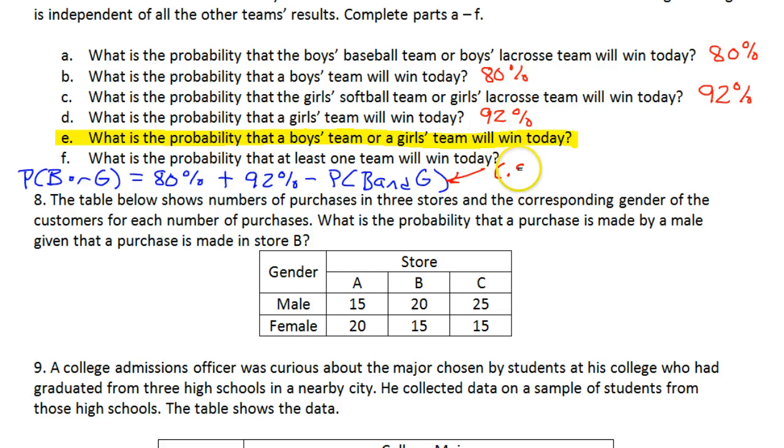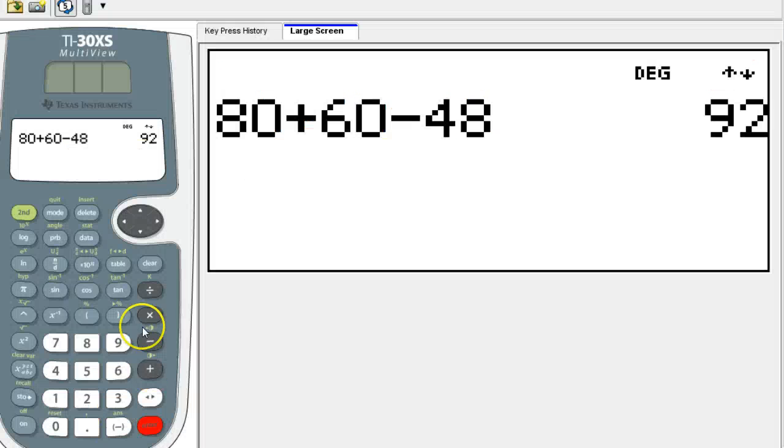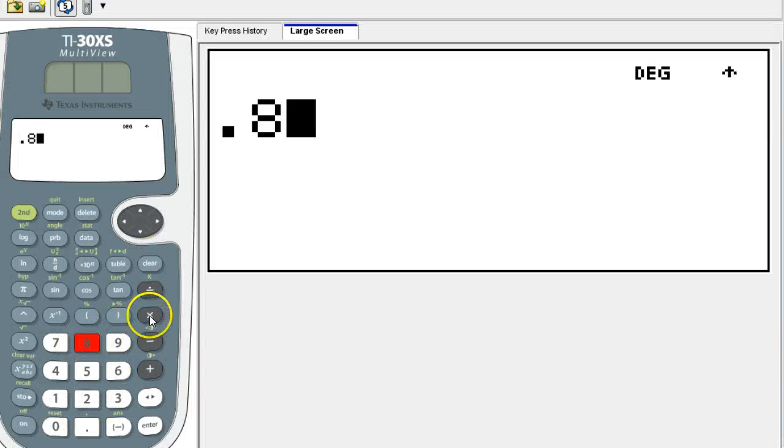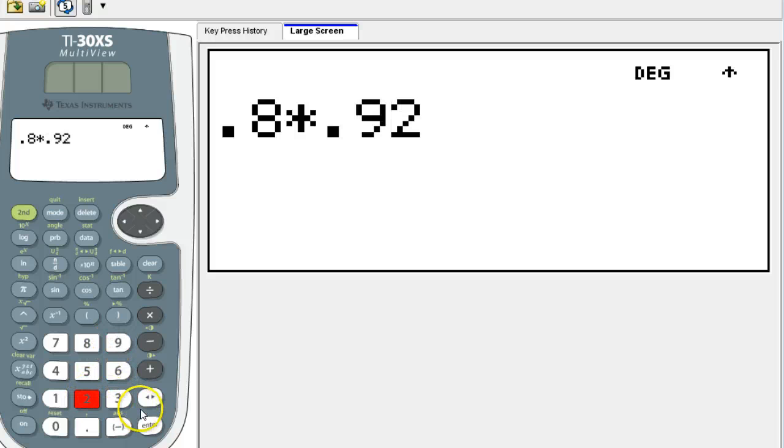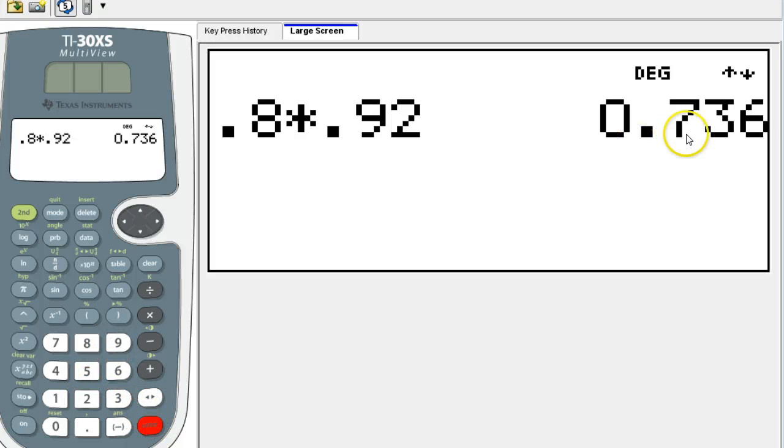In other words, 0.8 times 0.92. Okay, that is 0.736, or moving the decimal point twice, that's 73.6%.